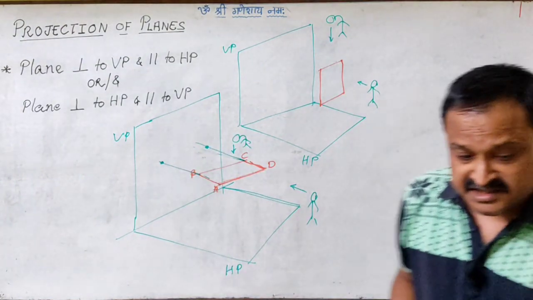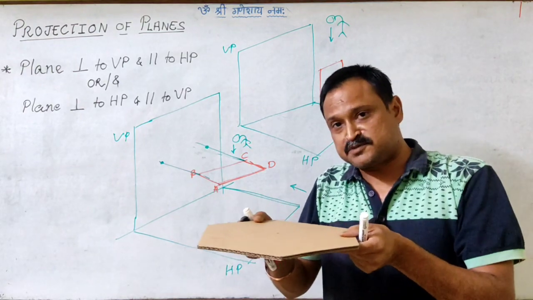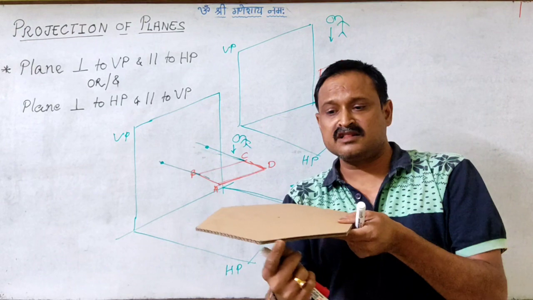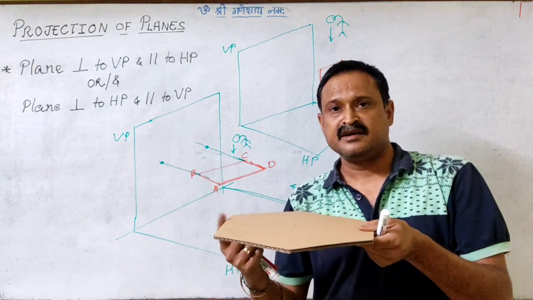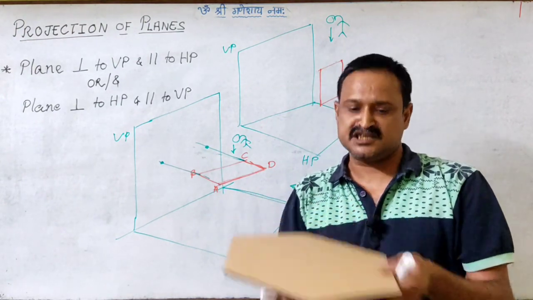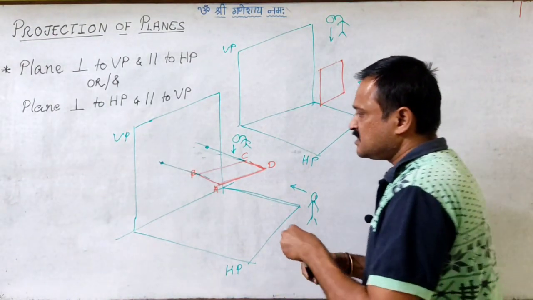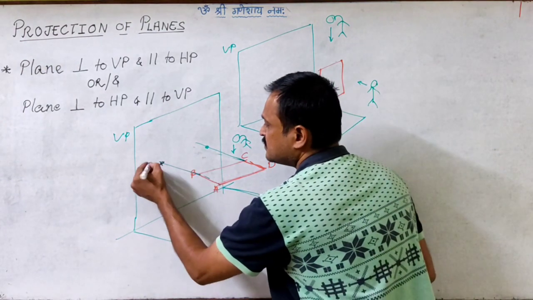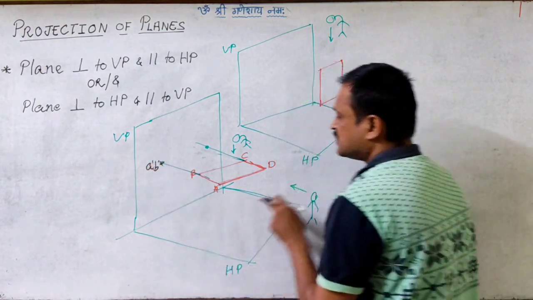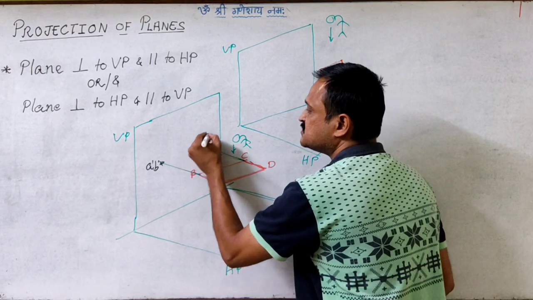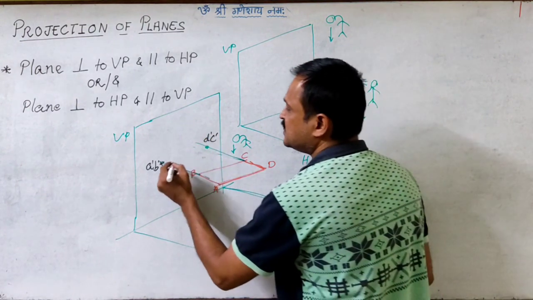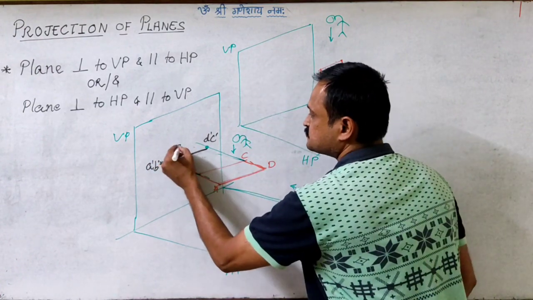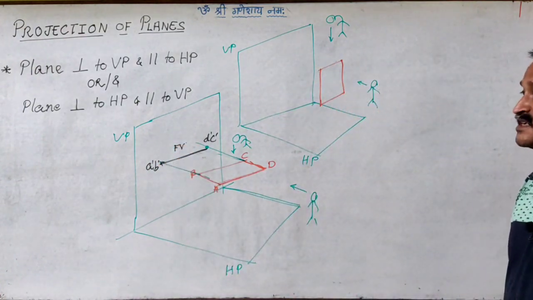Now when this plate is parallel to HP, all the corners of this plane will be at the same height from HP. So the images we have got here are A dash, B dash, and D dash, C dash. When I join them, I get the front view image, which is a trace image.